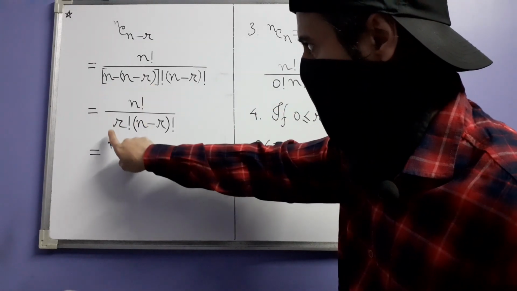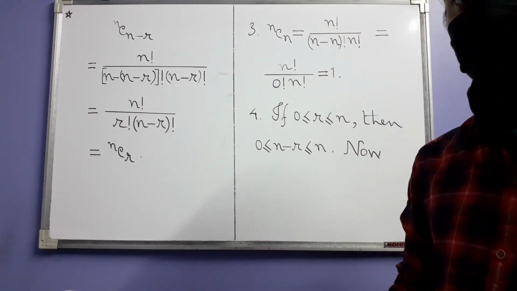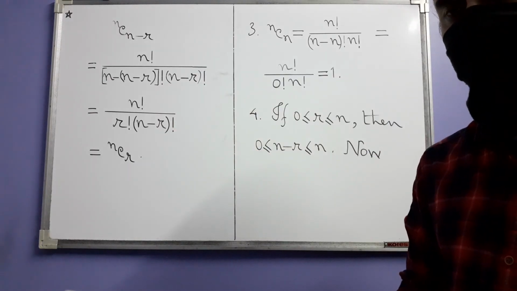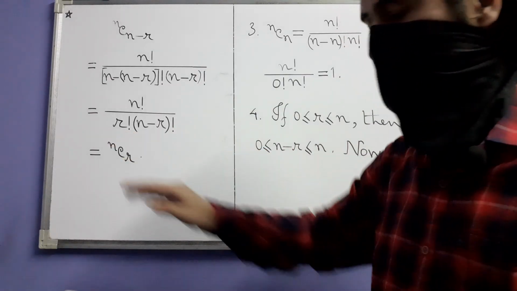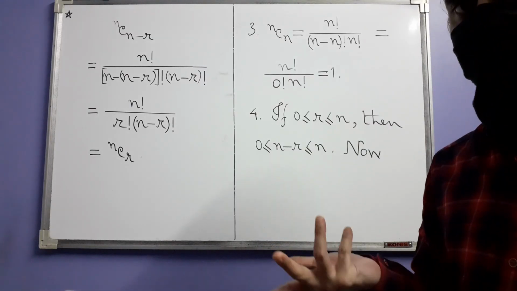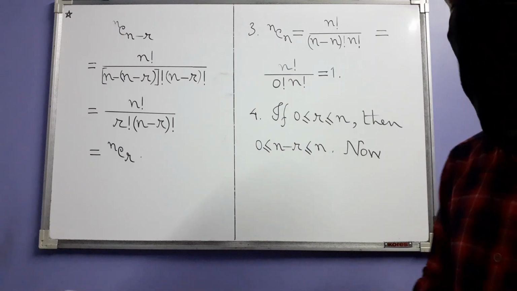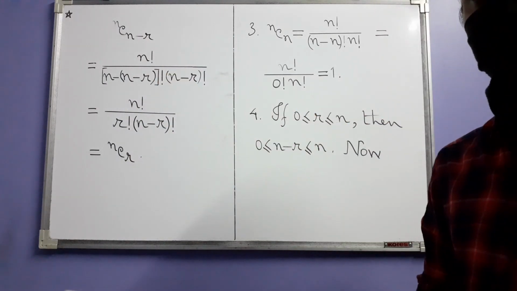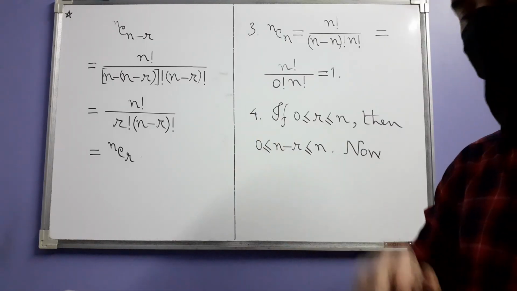This thing, however, is nothing but r. So are you not getting nCr? Yes. Just these two numbers in the denominator have been written in the opposite order. That does not matter because it is simple multiplication. So nCr is nC(n minus r). So there is a symmetry in these numbers, nCr.